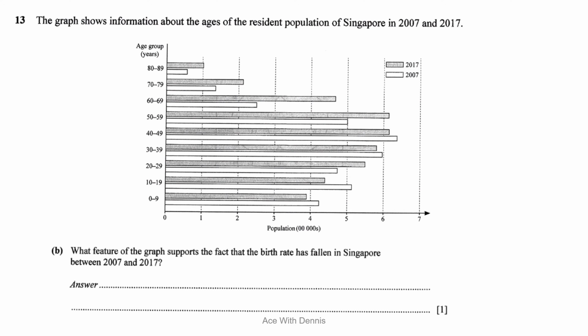B. What feature of the graph supports the fact that the birth rate has fallen in Singapore between 2007 and 2017? 1 mark. So we want to know the birth rate. So we have to look at the age group of 0 to 9. And how to tell if the birth rate has fallen?